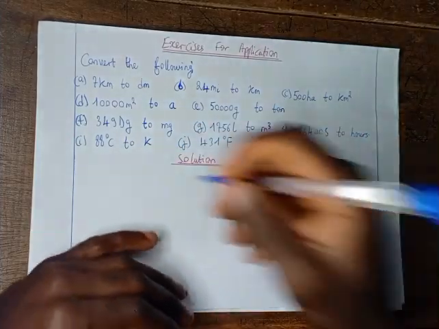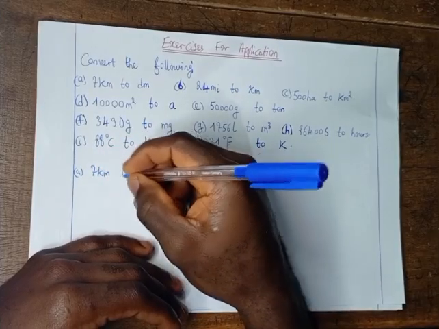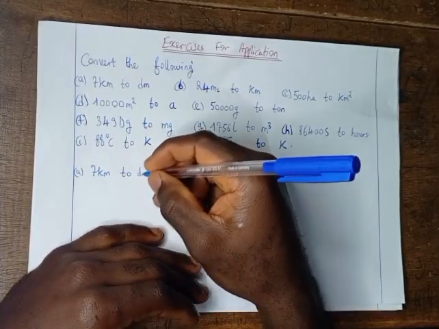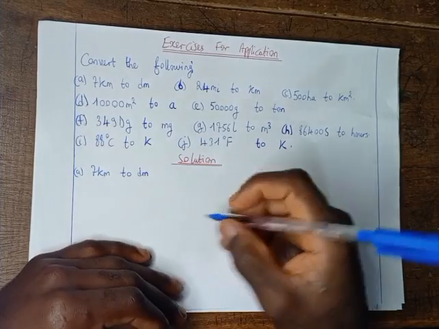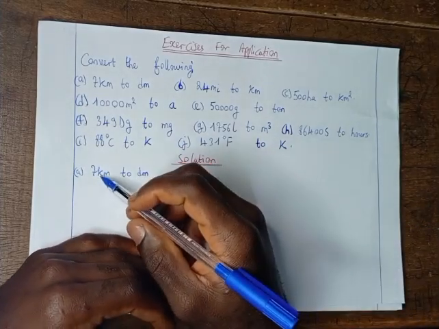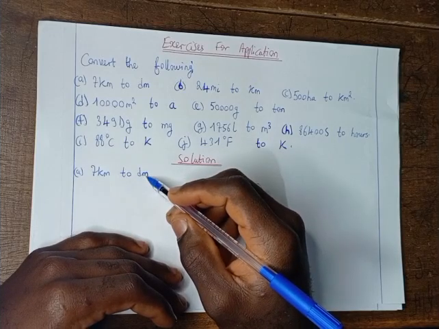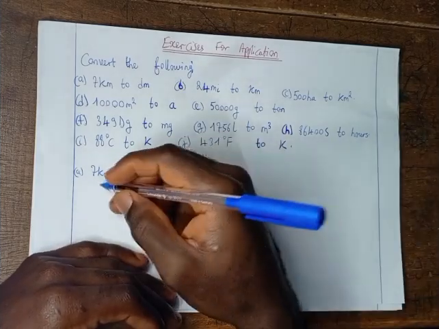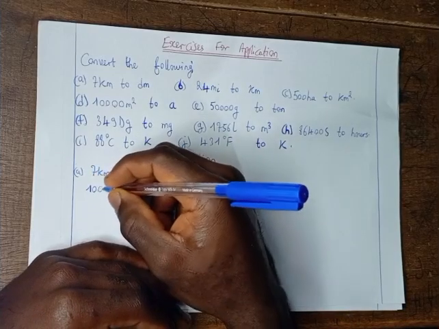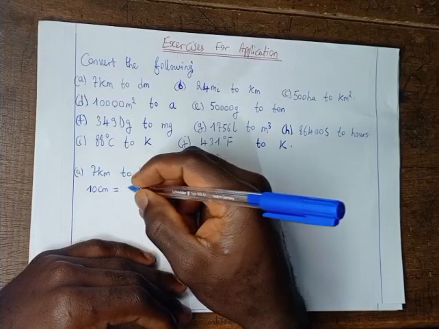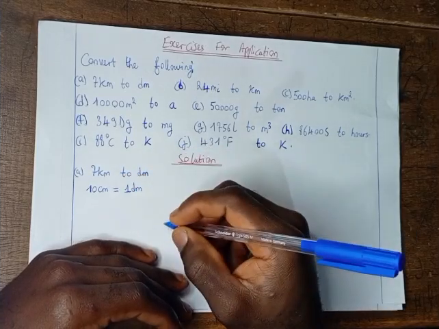Question A, we have to convert 7 kilometers to decimeters. In this case, we are converting from a higher unit to a smaller unit. First, we know that 10 centimeters is equal to 1 decimeter.